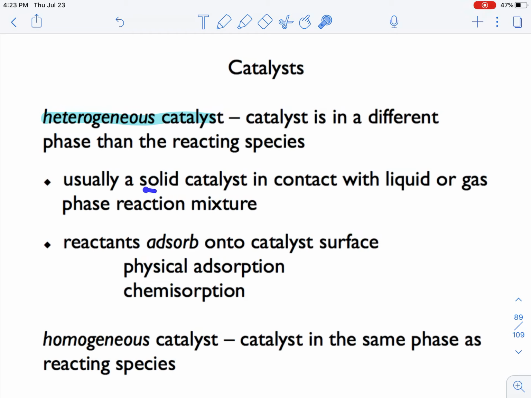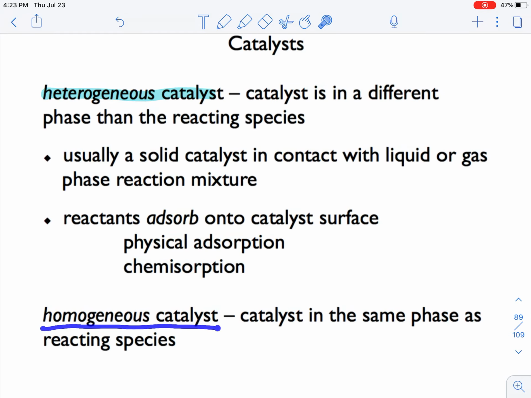For a solid catalyst that's coming in contact with any liquid or gas phase reaction mixtures, the reactants are typically adsorbed onto the catalyst surface. And we'll take a look at what it means for a liquid or gas reaction mixture to be adsorbed on a solid catalyst in just a second.